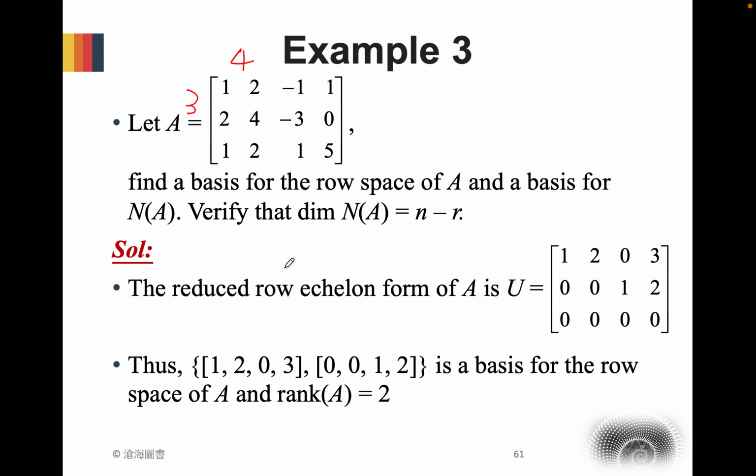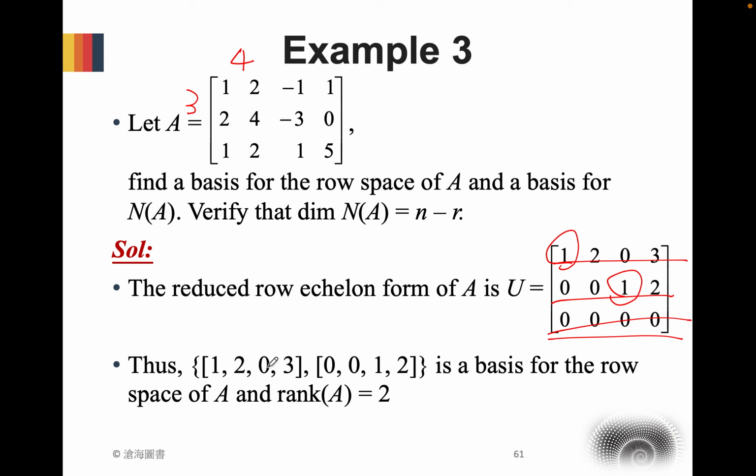First, we just do row operations to reduce A into the reduced row echelon form. So reducing from A to U, it becomes this matrix. And we see we have two leading variables, this variable and this variable, and we have two non-zero row vectors, right?